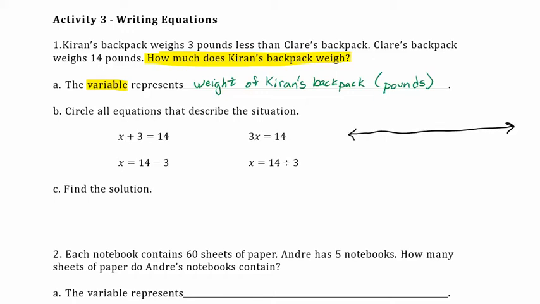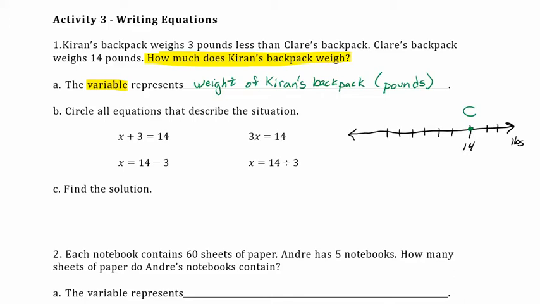It says that Kieran's backpack weighs 3 pounds less than Claire's, and Claire's backpack weighs 14 pounds. So on this number line, maybe I'd put a 14 here and label that with a C. That's Claire's backpack. That's 14 pounds. So these values represent pounds.